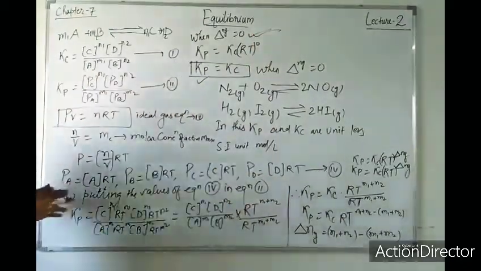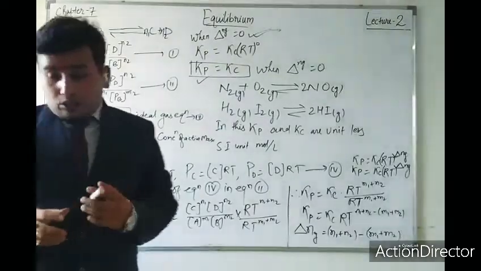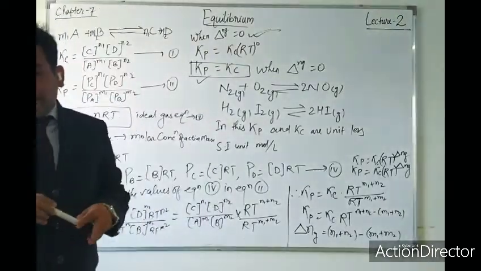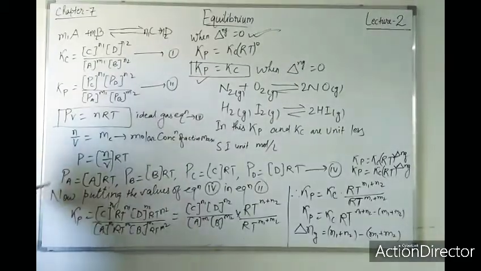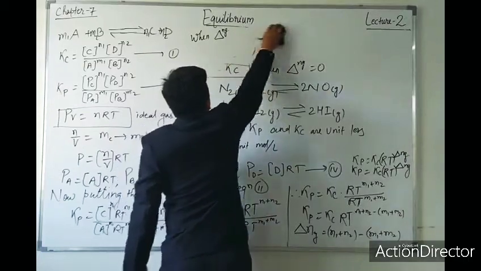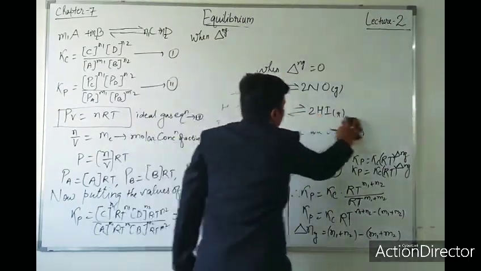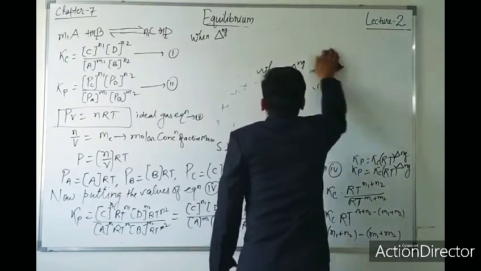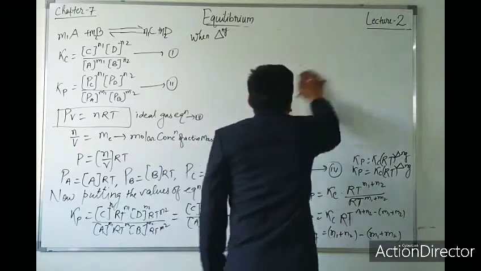Got it? So after understanding when the delta Ng value is 0, now I am taking the delta Ng value as positive. Can you tell me what will be the changes in the value?